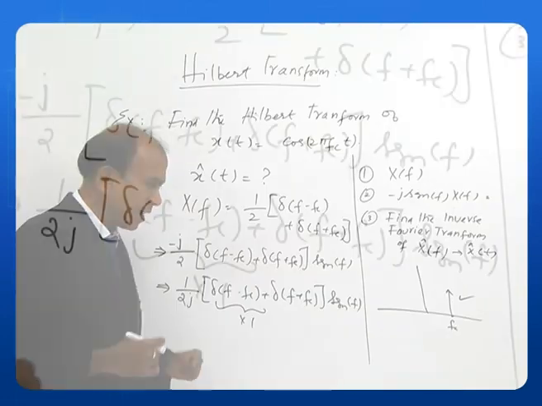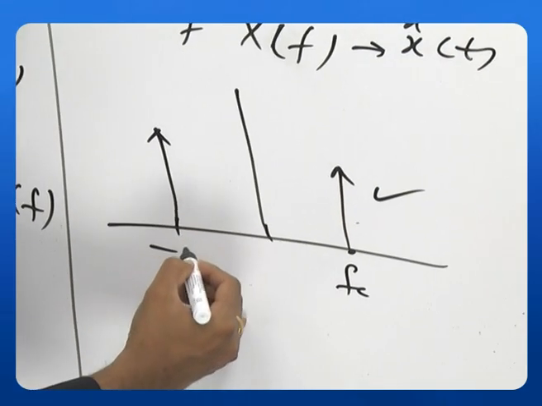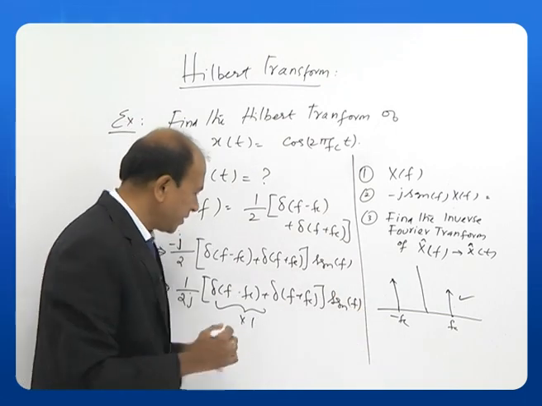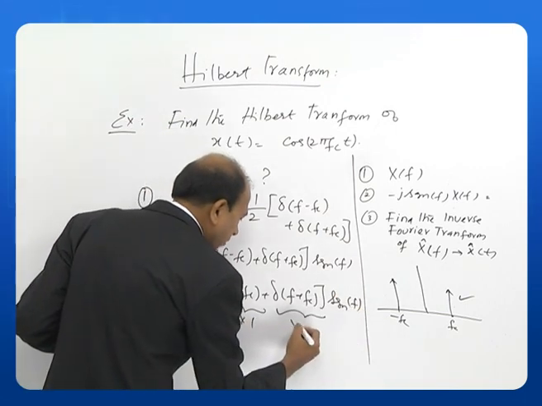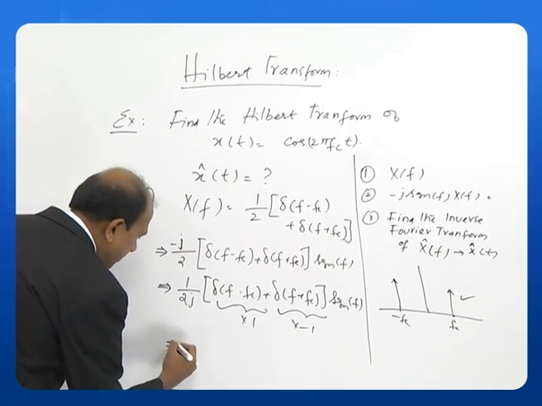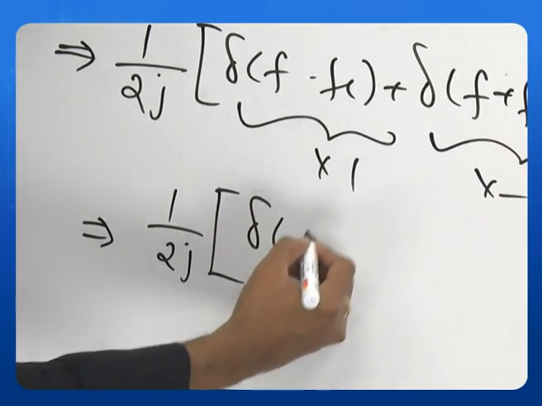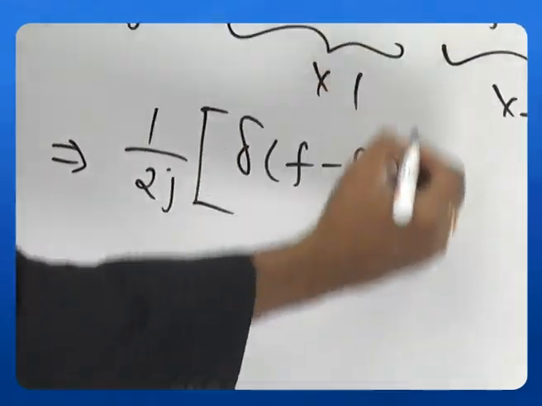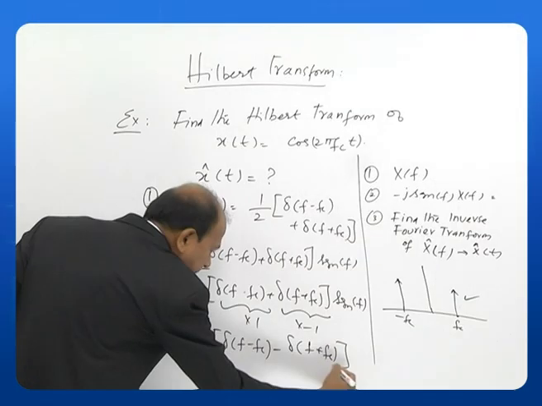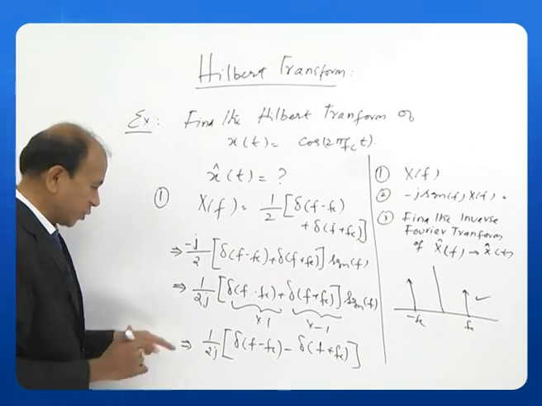Then another frequency component is at minus fc, where signum of f is minus 1, so this has to be multiplied by a factor of minus 1. So, I will get the answer like this: 1 by 2j delta of f minus fc, this does not change, whereas this becomes minus delta of f plus fc. This is x cap of f.